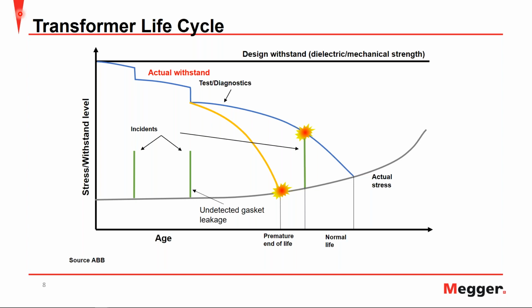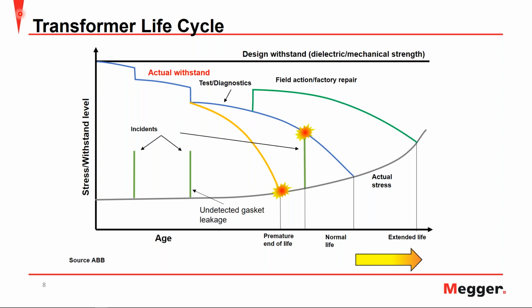Now, testing and diagnostics could be introduced, and this could allow for field action and factory repair that actually fixes or increases your withstand and then extends your transformer life past your normal life. And this really highlights the benefits of testing and diagnostics for your transformer assets.